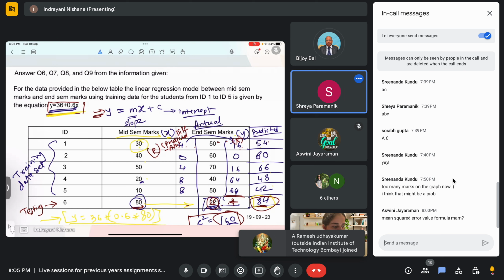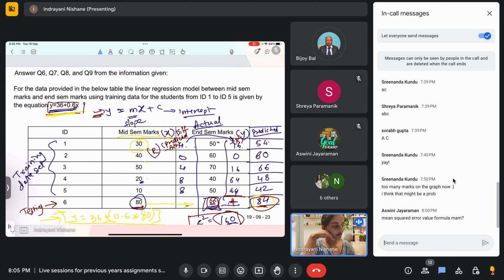If you put x equal to 30 in this formula, you will get y as 54. So you have the actual value 50, predicted value 54, difference 4, and squaring that gets 16. If you put x as 40 in this equation, you will get y as 60. Actual value is also 60.